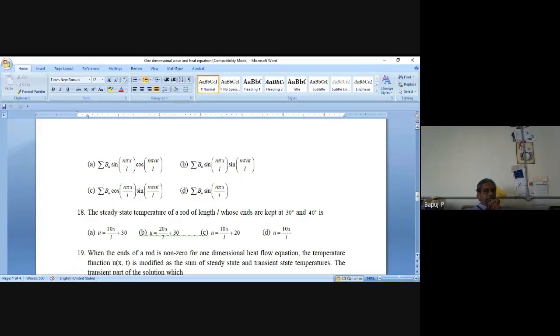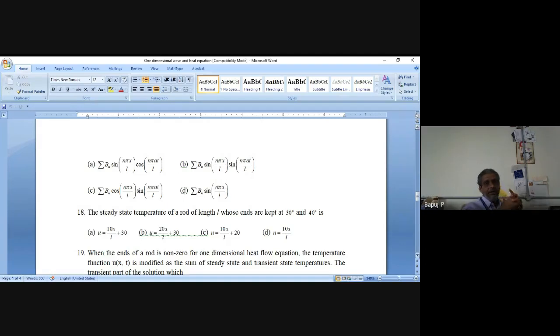U of 0 is equal to 30. U of L is equal to 40. U is equal to AX plus B. Substitute and tell me what you get.